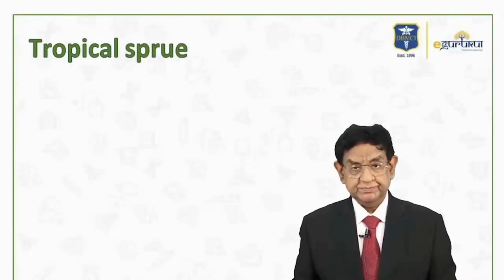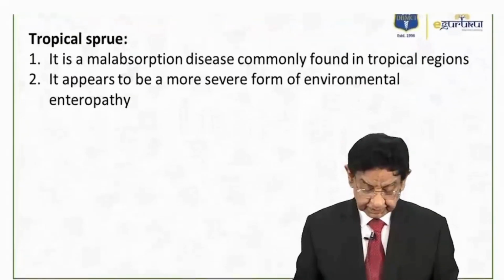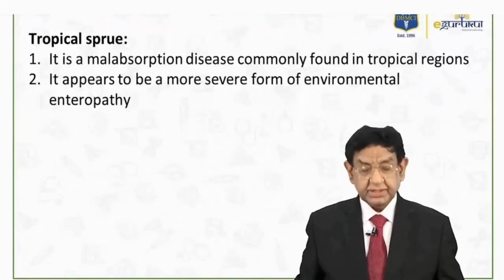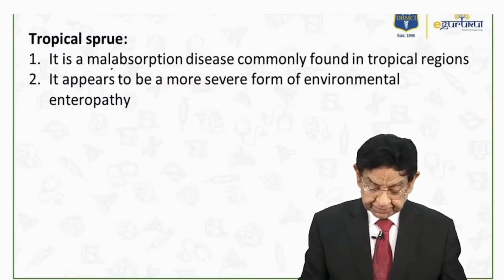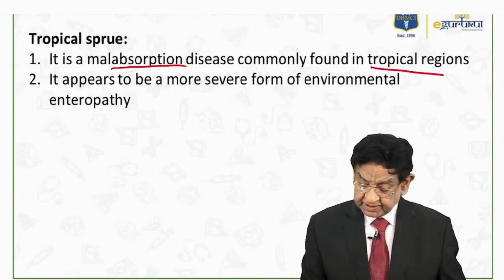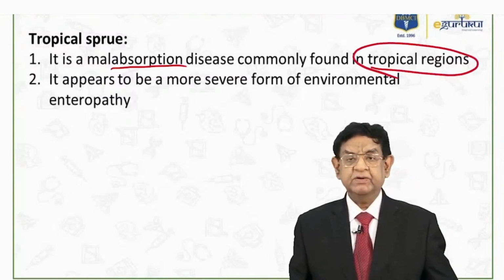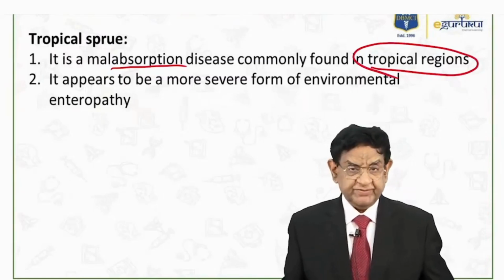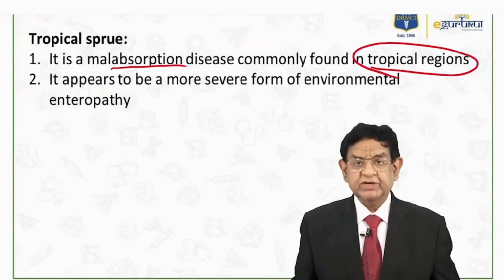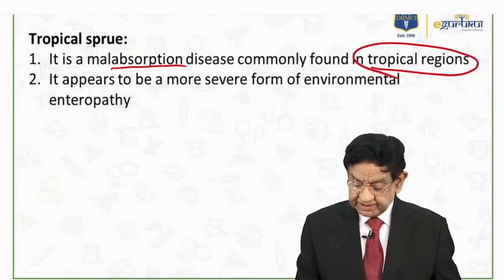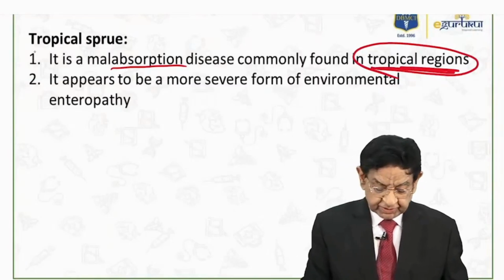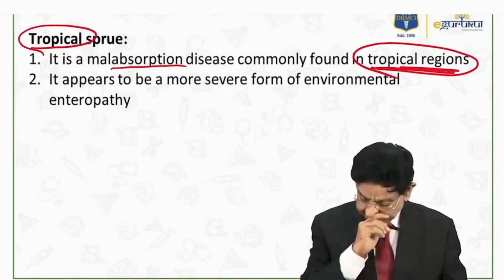Tropical sprue is a chronic condition. The patient has malabsorption and it occurs only in people who live in or have visited a tropical country and gone back. Since it is a disease of the tropical region, that's why it is known as tropical sprue.